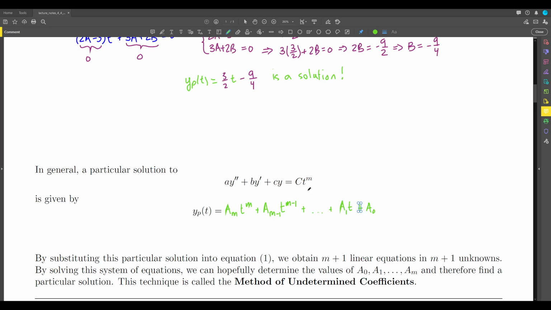So if we see a power of t with a constant, then our particular solution is basically any polynomial of that degree. These values right here, a_m, a_(m-1), a_1, a_0, all of them are called undetermined coefficients.